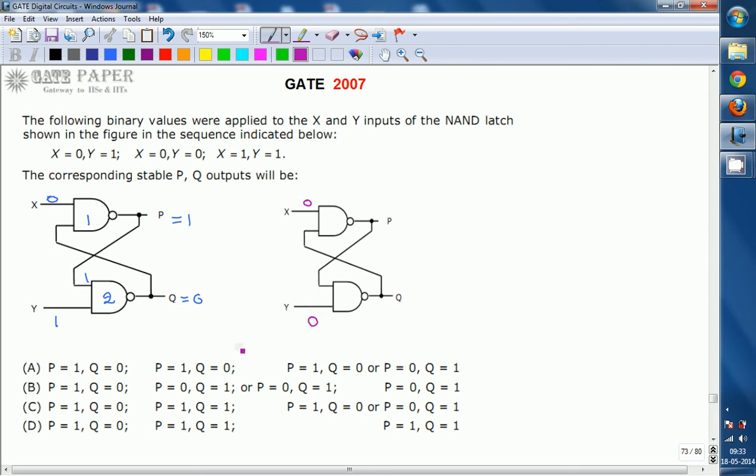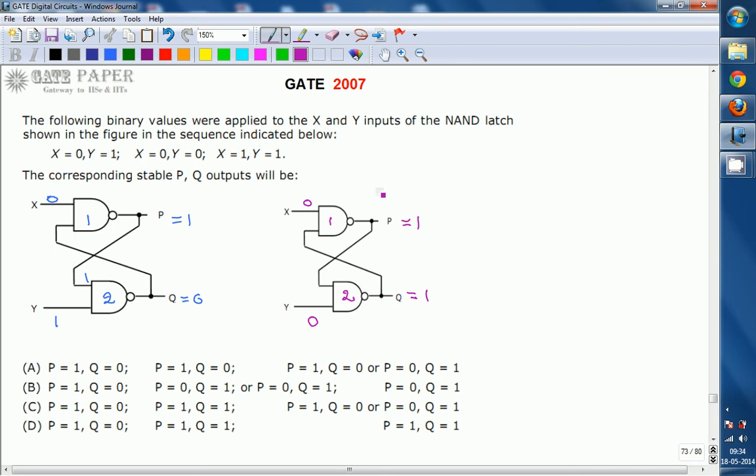Whenever X is equal to 0 and Y is equal to 0, for the first NAND gate one of the inputs is 0, and for the second NAND gate also one of the inputs is 0. 0 into something, irrespective of the other line, you will get 0, and 0 bar is 1. P will be 1 and Q will be 1, because one of the inputs for the NAND gate is 0, so definitely the output will be 1. So P is equal to 1, Q is equal to 1.